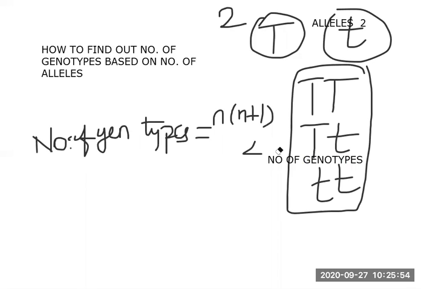That we have to remember. Then let us apply. What is n? n equals the number of alleles. So here you have to remember n equals number of alleles.